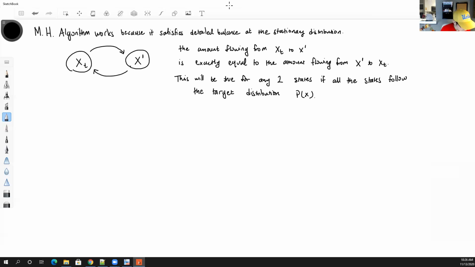Okay, so a couple things. All right. P of x will be the probability of being at state x, the probability of being in state x at the target distribution.